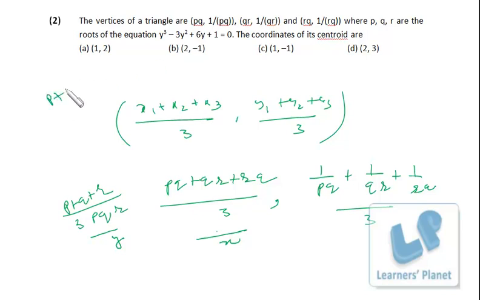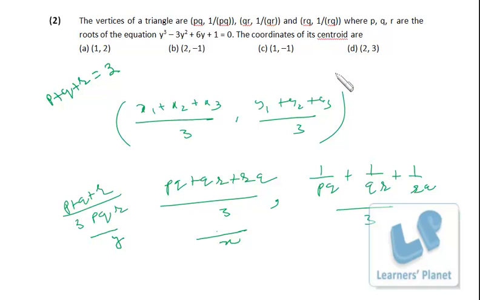So P plus Q plus R will be the sum of the roots, that means the sum of the roots is 3, right? So P plus Q plus R is equal to 3. The coefficient of y square is the sum of the roots in negative. So here the coefficient is minus 3, so the sum of the roots will be 3 only, right?